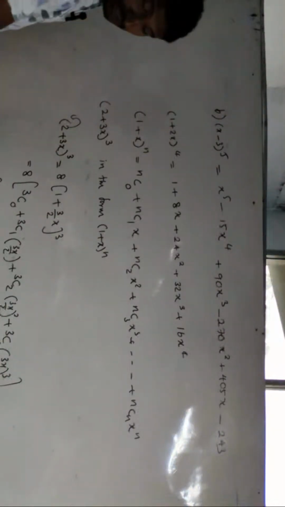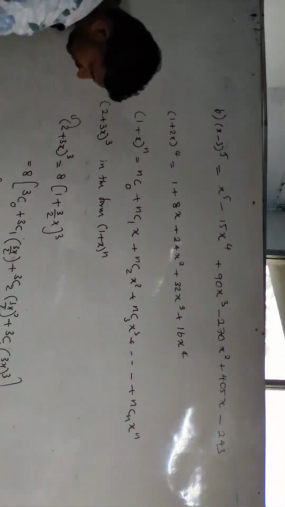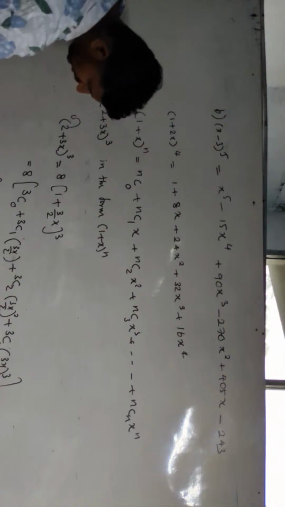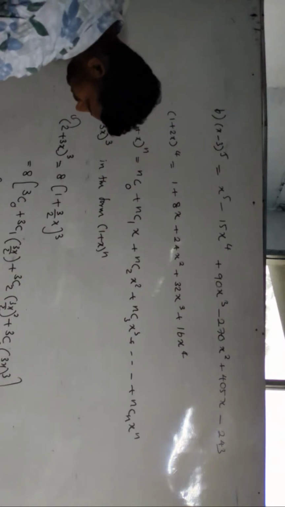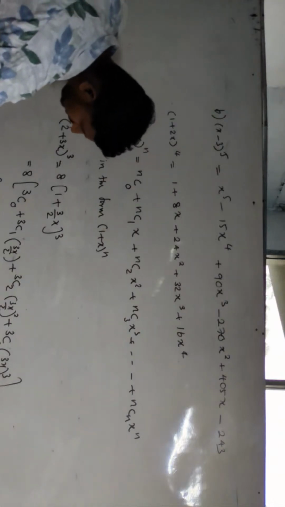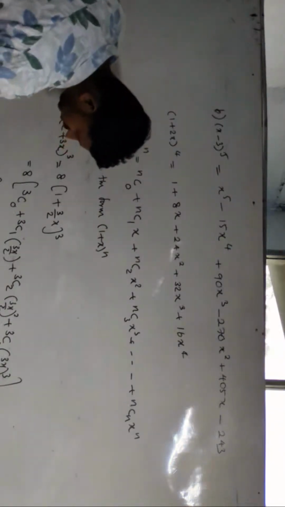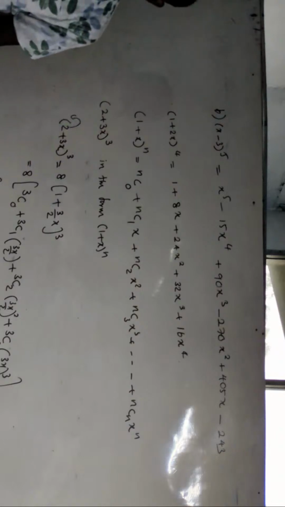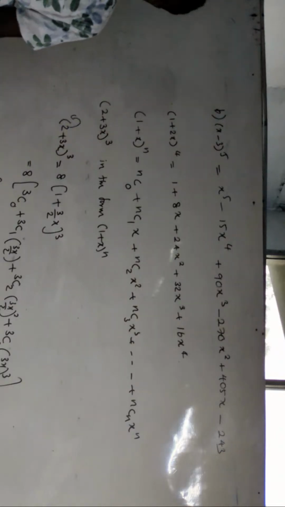Finally you can multiply it by 8. So 8, 36 into x, that means 54 into x squared and 27 x cube. So like that we can do the expansion. That is not a compulsory thing. That means we can do something like this if we want.